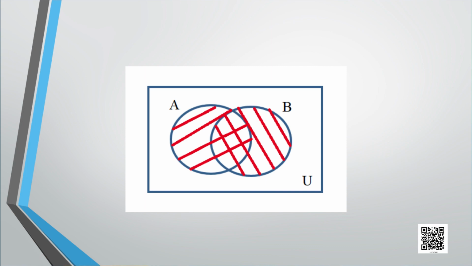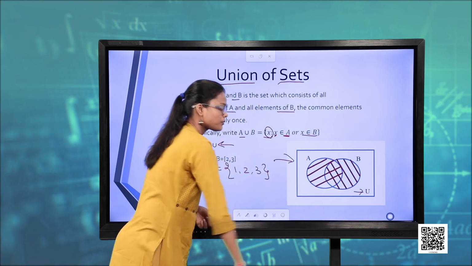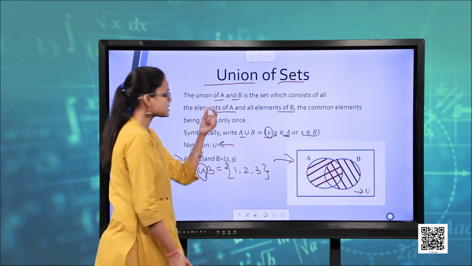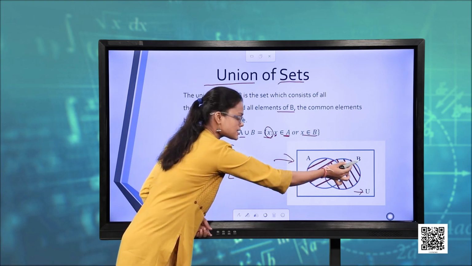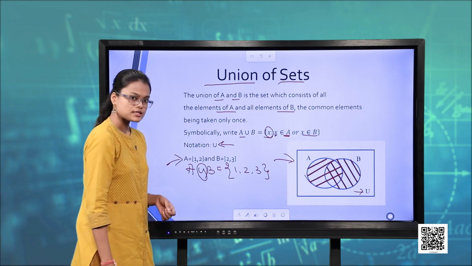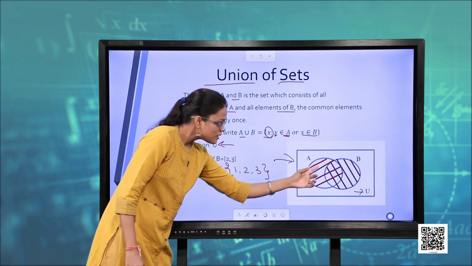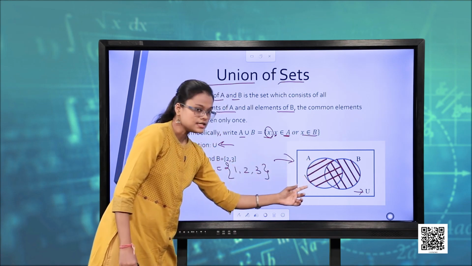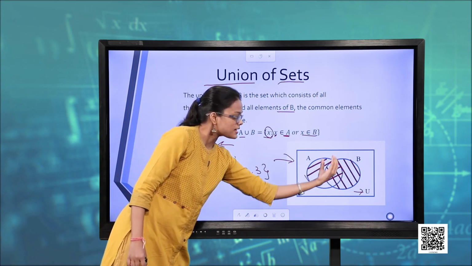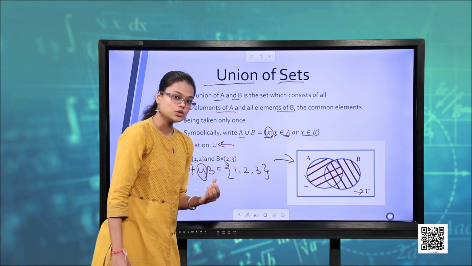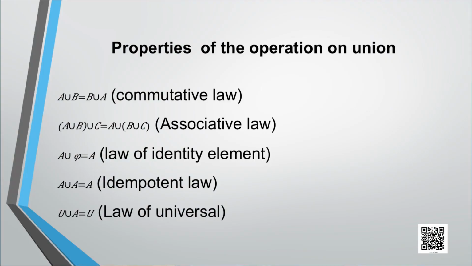This rectangular part is representing the universal set U. Also, we have two sets A and B, so we have taken two circles representing set A as well as set B. To represent union, we have taken these red lines, and the portion having these red lines is representing the union part. Okay? Understood?